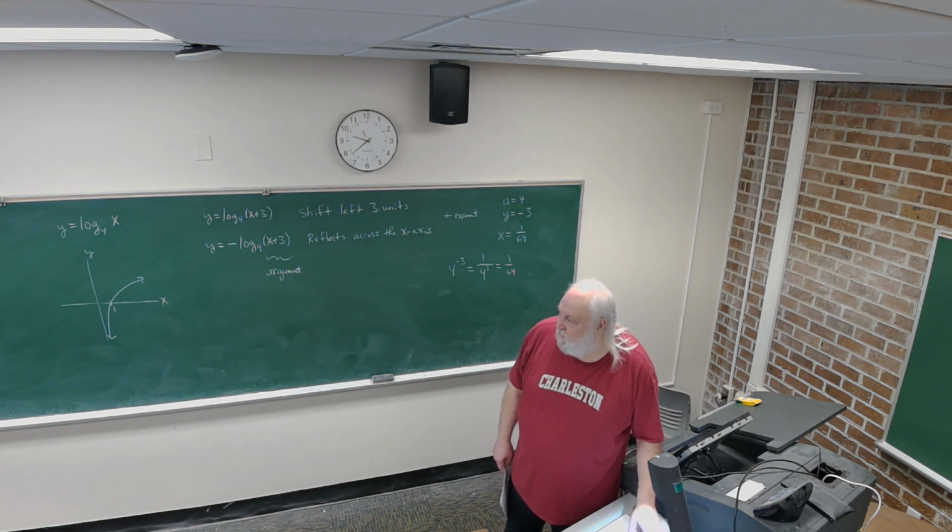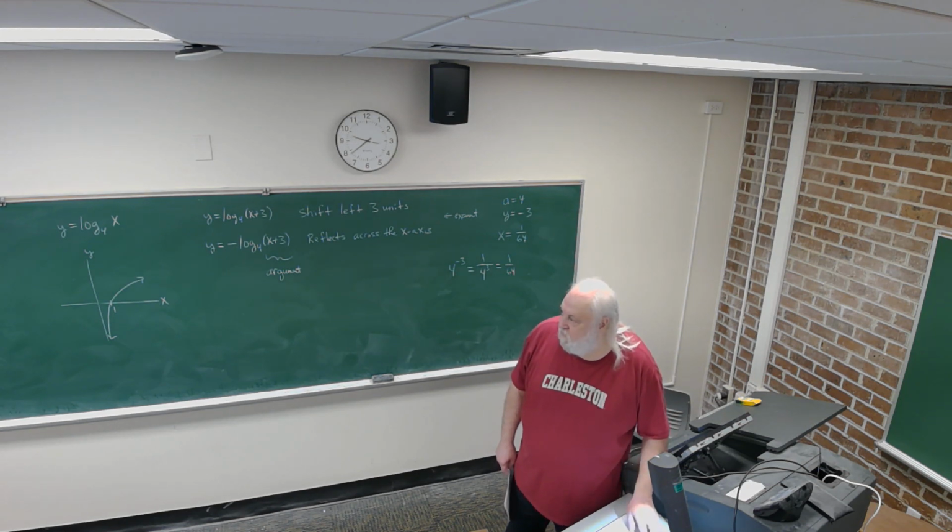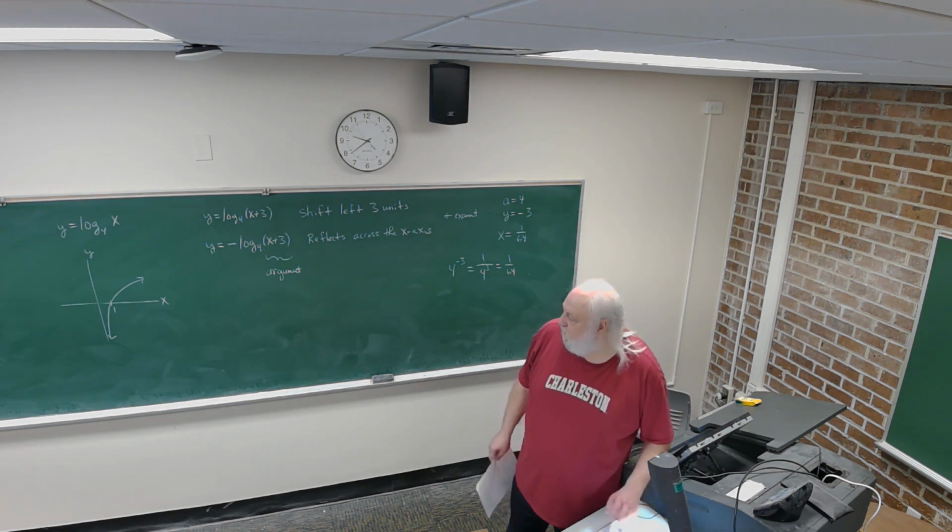So down here, the argument is x plus 3, and so you just set the argument x plus 3 equals 0 and solve for x, and you get the vertical line. Remember, vertical asymptotes are vertical lines, so the vertical line x equals -3 is the vertical asymptote. So instead of the vertical line x equals 0 being the vertical asymptote, it's x equals -3.